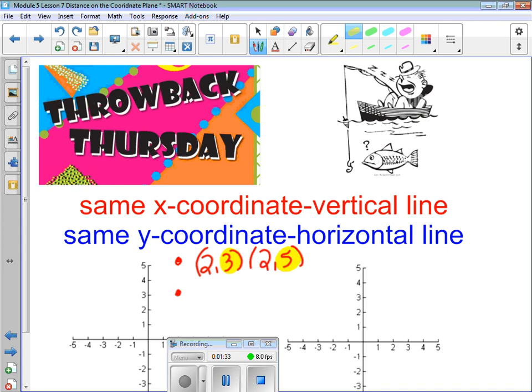So when the y-coordinate is different and the x-coordinate is the same, it creates a vertical line. So now let's take a look when we have the same y-coordinate. If we have 2, 1 and 4, 1, so over 2, up 1, over 4, up 1, we have the same y-coordinate, but our x-coordinate is different. That creates a horizontal line.